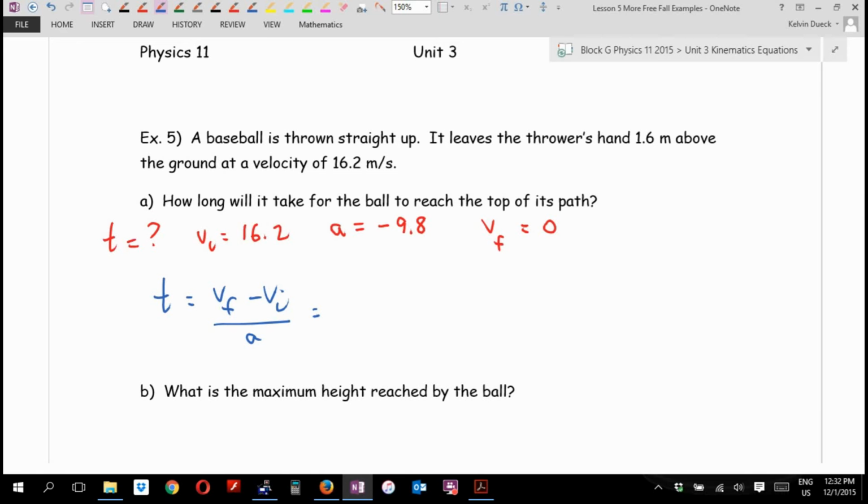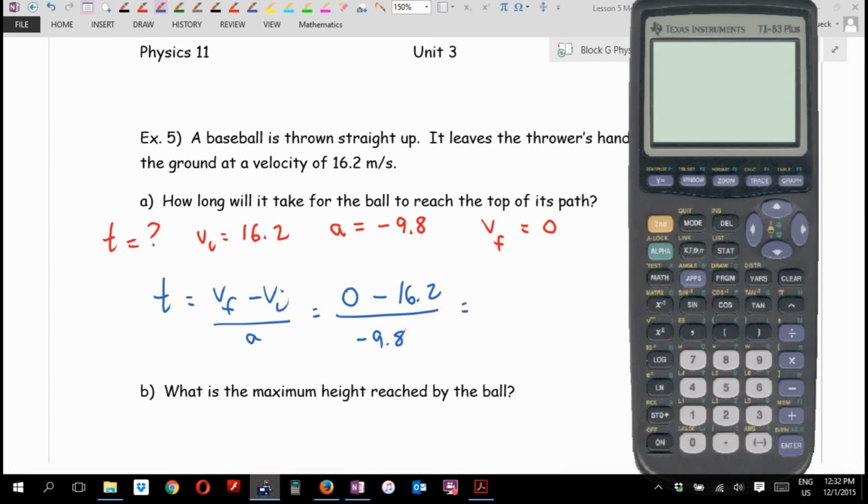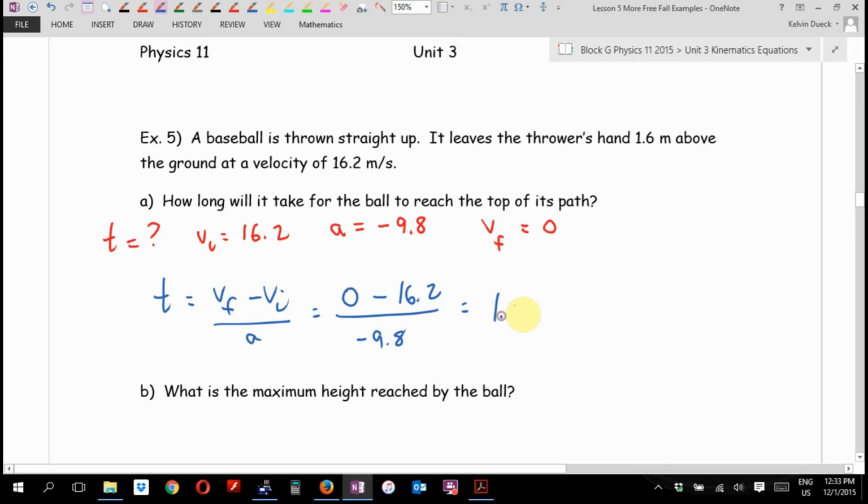What's V final, Jaden? 0, you say? Don't all just rush at once. What's V initial, Jaden? What's A? Negative 9.8. 0 minus 16.2 divided by negative 9.8. And I get, looks like it was in the air for 1.6, sorry, it was to get to the top 1.65 seconds.